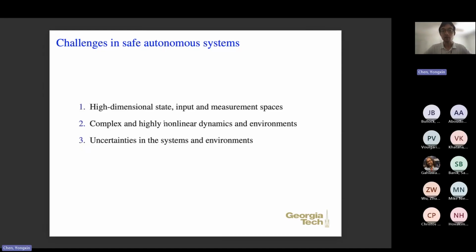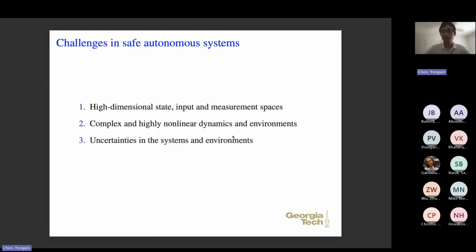That is a very difficult problem. Another one, which is actually most relevant to this talk, is uncertainty. If your model is perfect and there's no uncertainty, it's completely deterministic, then the best way to ensure safety is to just simulate the trajectory, because you only have one trajectory. That's very cheap to do.